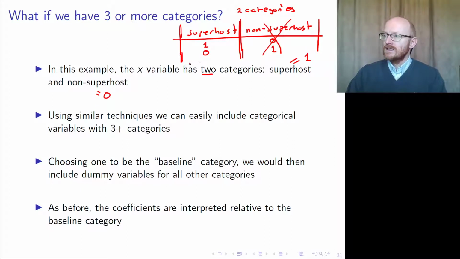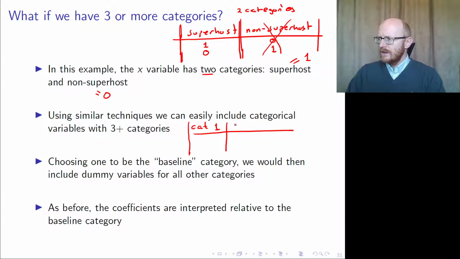Using this technique, we can actually include more than just two categories. So what we do is use category 1 as a dummy variable, category 2 is also a dummy variable, and so on.